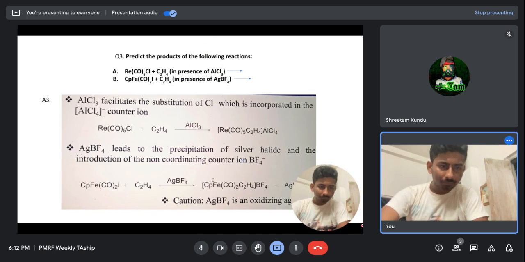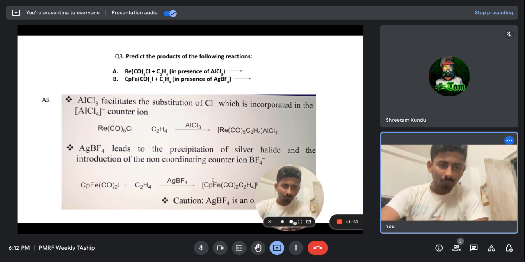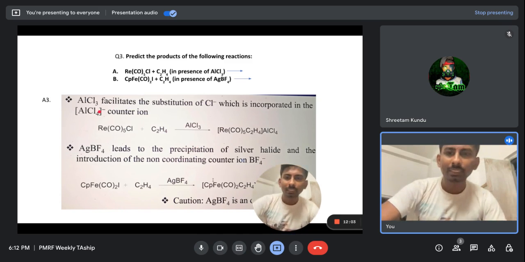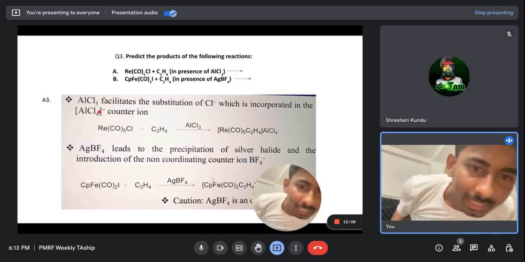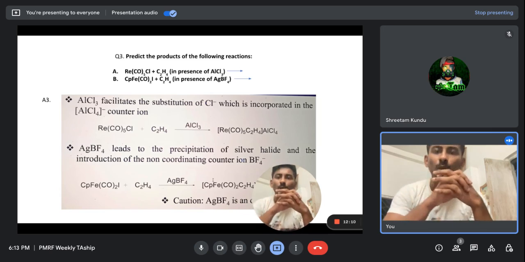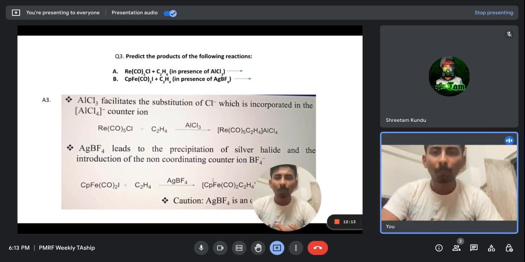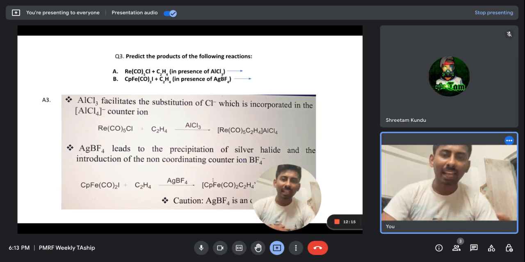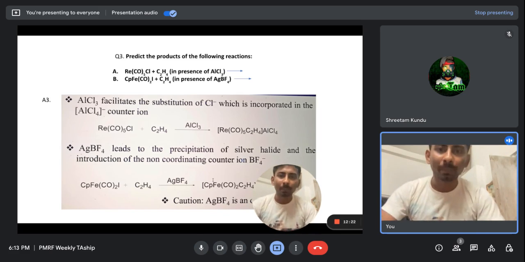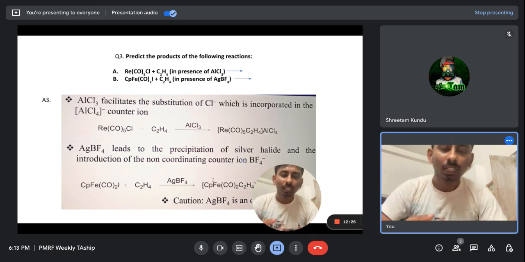So one by one we will discuss the answers. Firstly, if we come to the first question, it is regarding this AlCl3 facilitated substitution of Cl-. What happens in the first case? This Re(CO)5Cl is a very well known carbonyl compound, analogous to Mn(CO)5Br. Manganese and rhenium are in the same group of the periodic table, in the transition metals, and the difference between them is in the principal quantum number, that is 3 and 4.